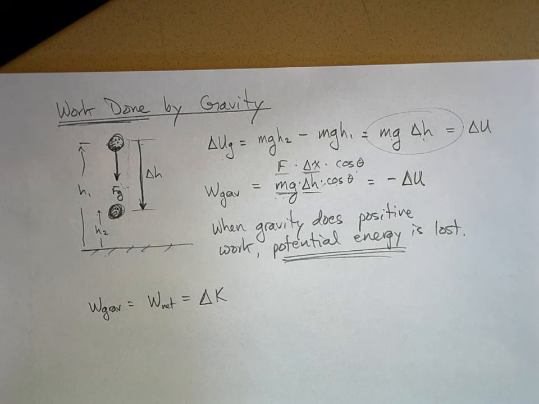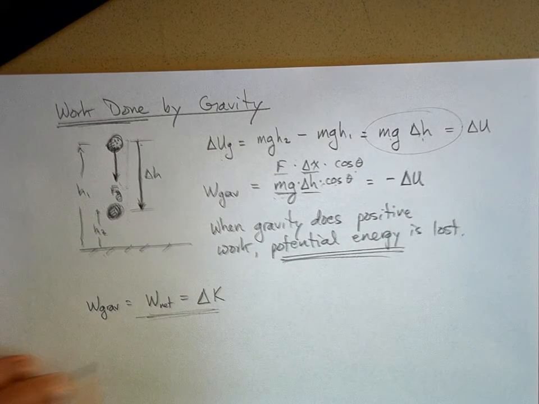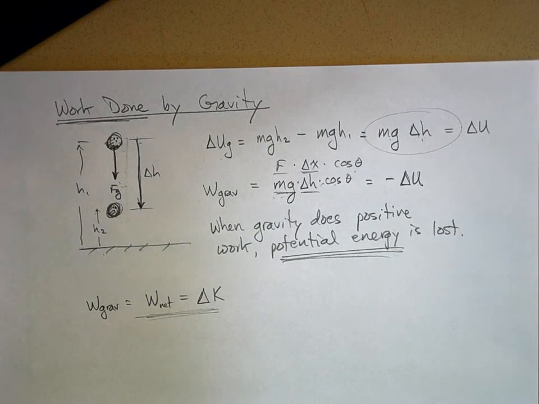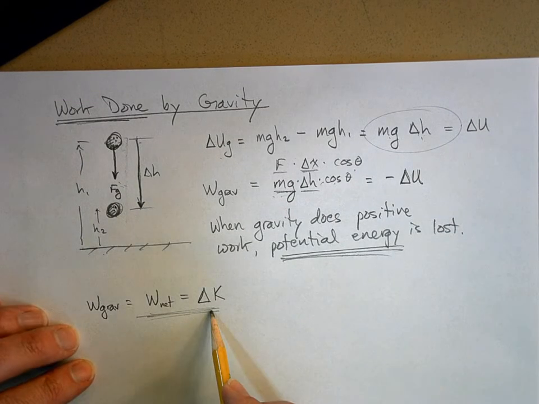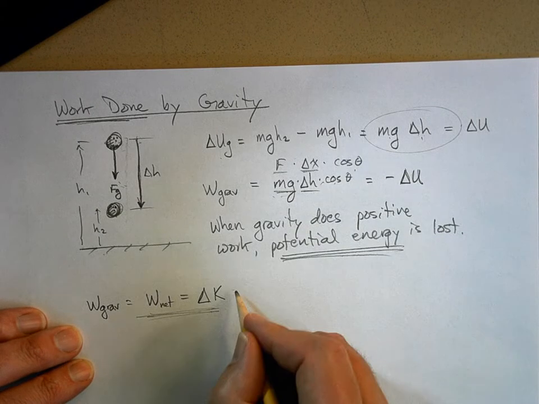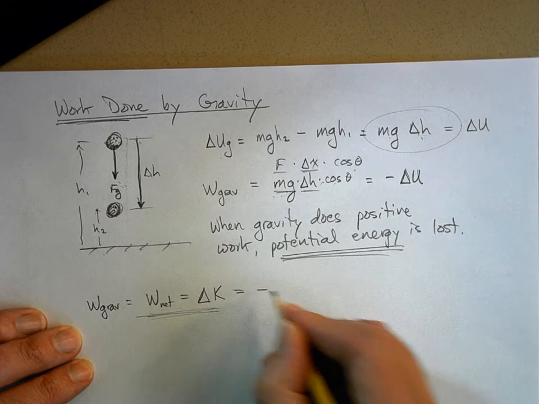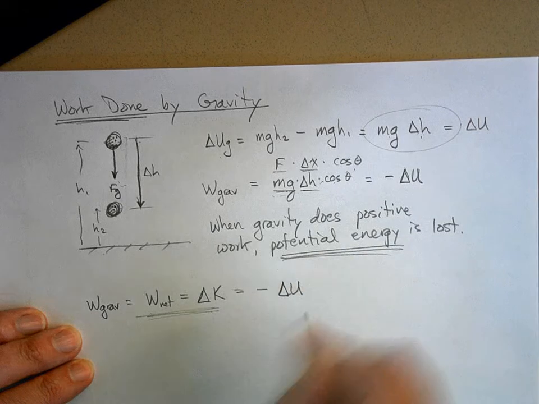Okay? Think about that. This is the Work-Energy Theorem. We developed that the other day. Well, the change in kinetic energy is going to be equal to the loss of potential energy.